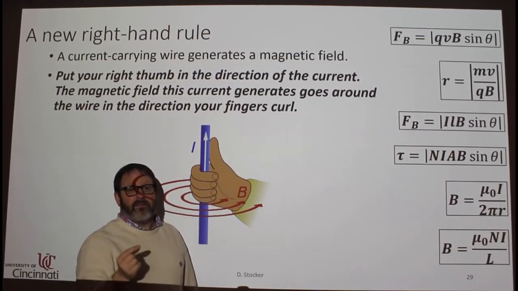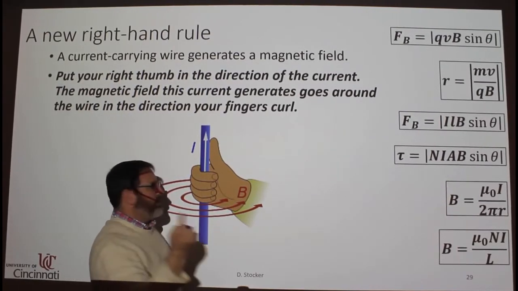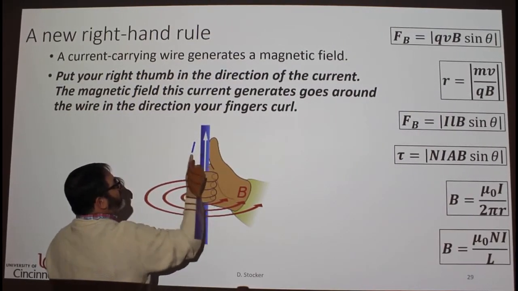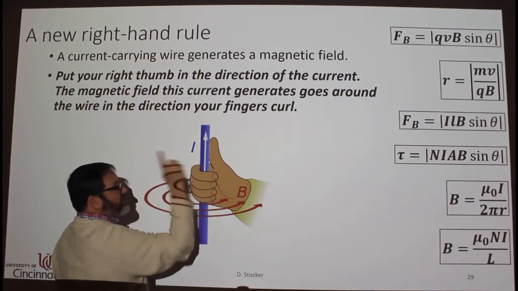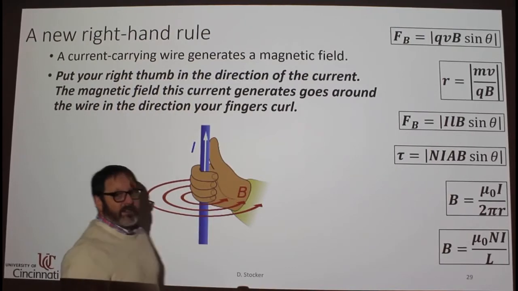And remember, magnetic field lines do not have a start and stop. They're complete loops. So the magnetic field around this wire looks like a bunch of loops circling around this wire in this direction.